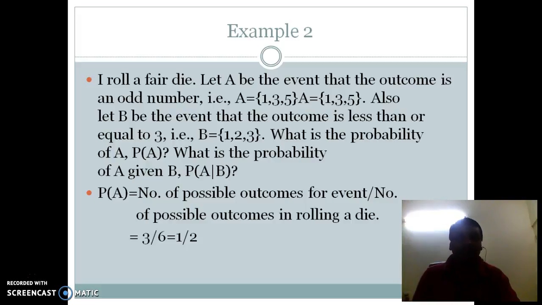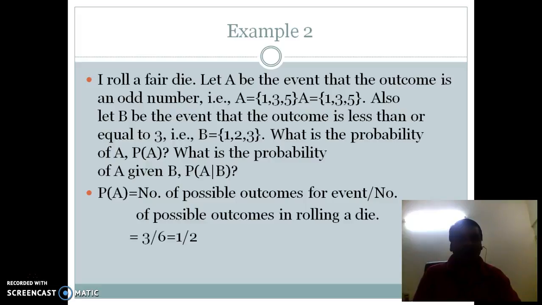Also, let B be the event that the outcome is less than or equal to 3, that is, B is equal to {1, 2, 3}. What is the probability of A? What is the probability of A given B? That is P of A given B.